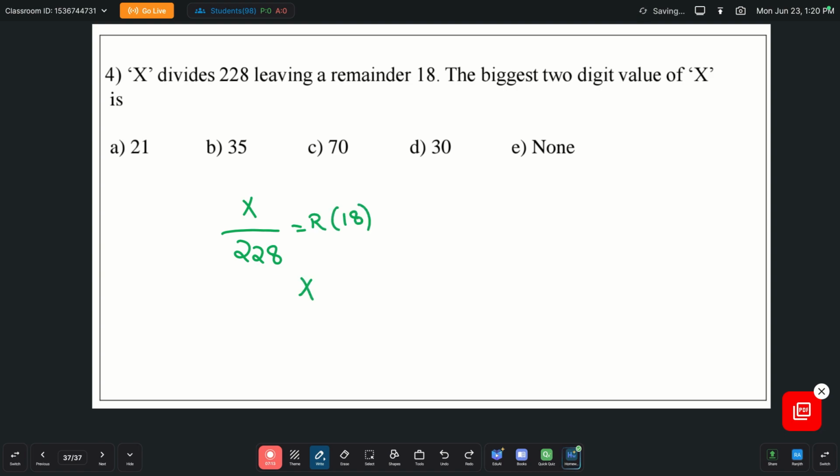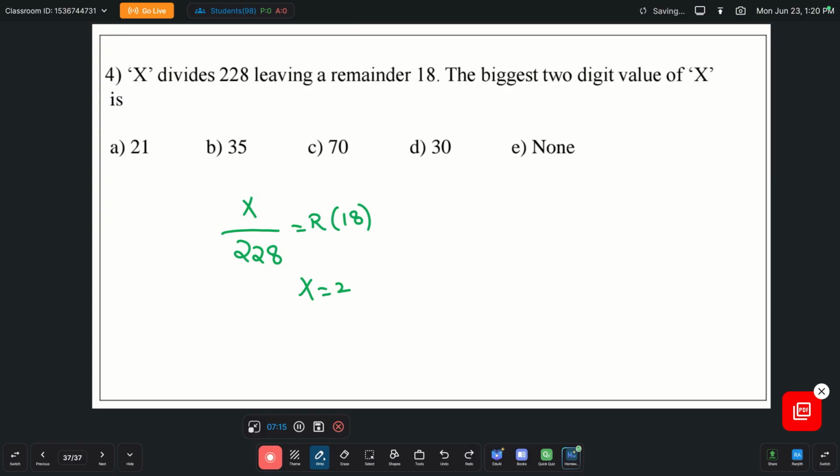So X equals 228 plus 18, 246. Biggest value of X that should be divided. So 246 divided by 21. 21 does not divide it.